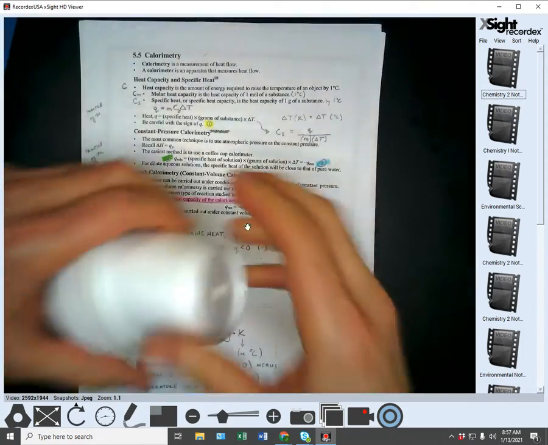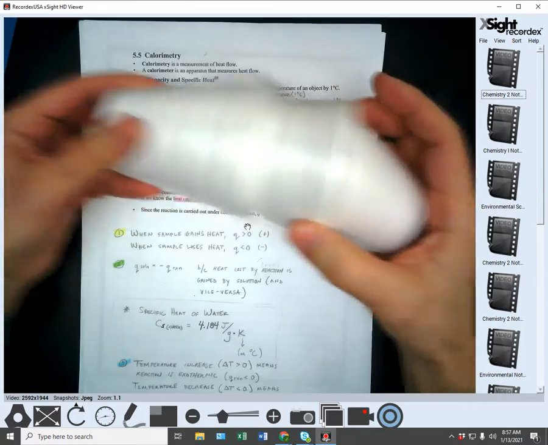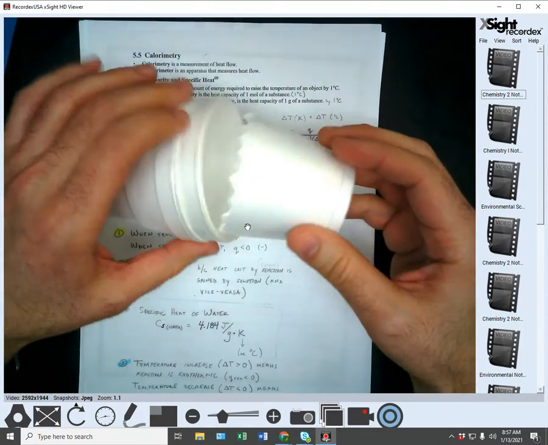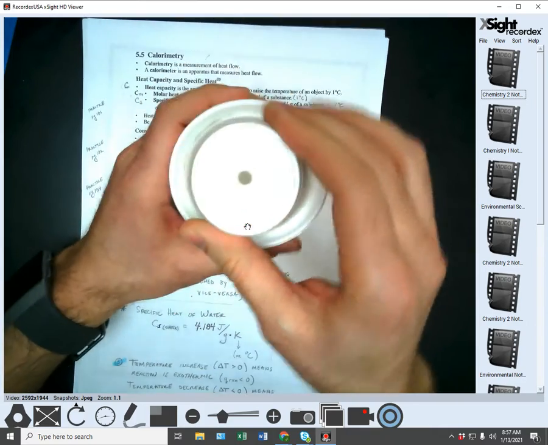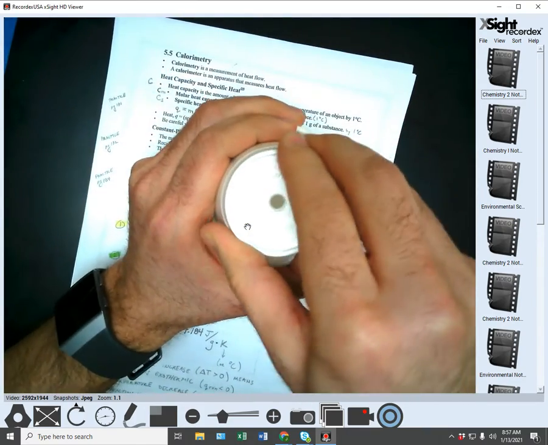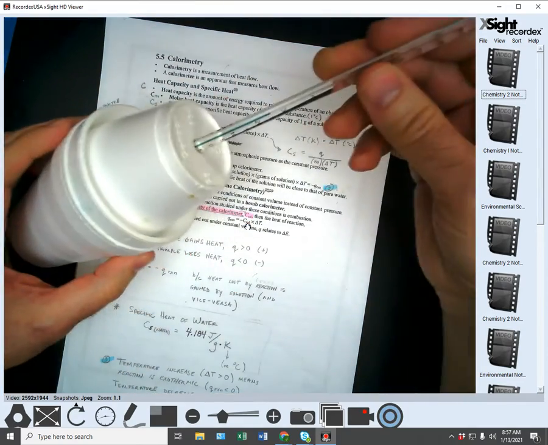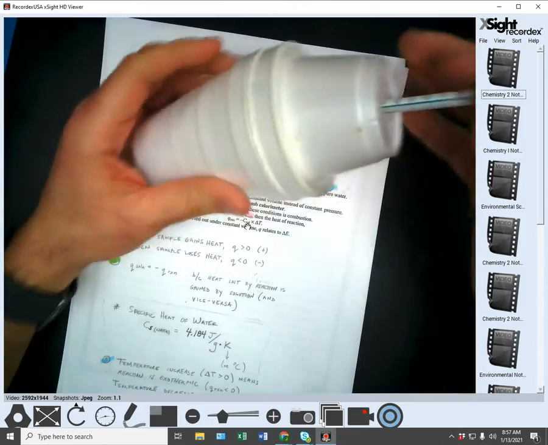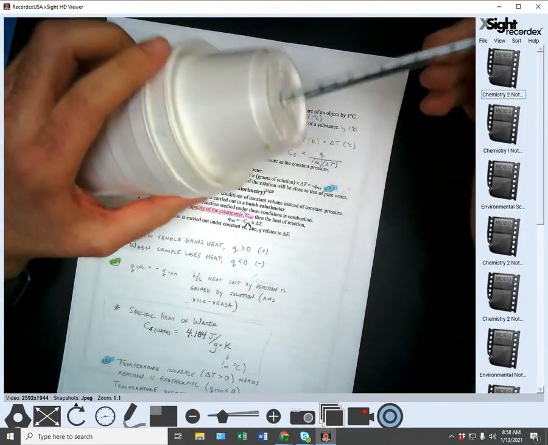This would be an example of a simple calorimeter that is made out of just styrofoam cups. So you've got a double insulated cup to help prevent energy and heat transfer. And then you can create some kind of lid like this, and a hole in it for the thermometer to measure whatever you had in there that was changing temperature.